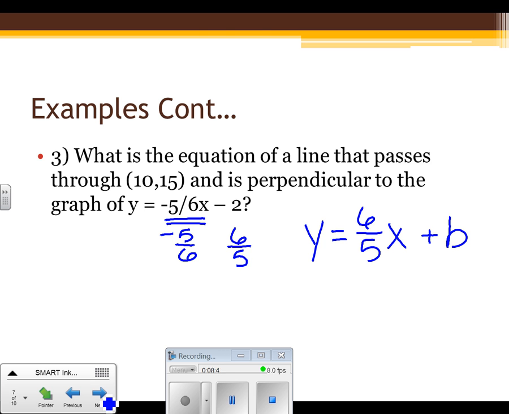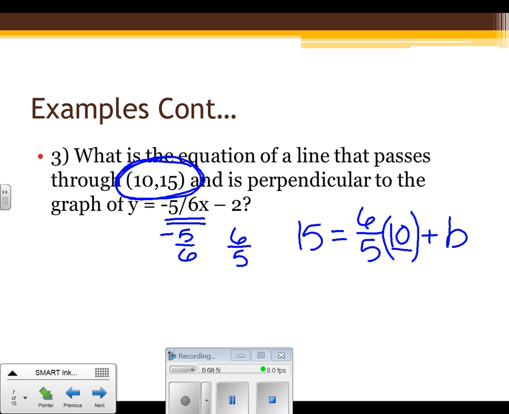Now to figure out b, we put in the point that the equation we're looking for goes through. The x in that point is 10, and the y-coordinate of that point is 15.